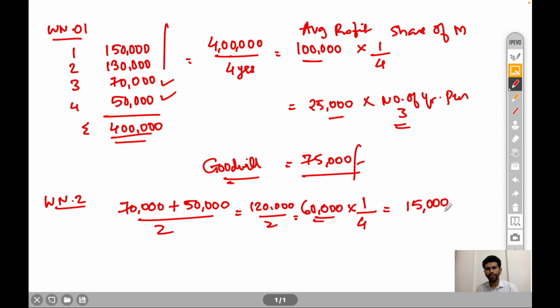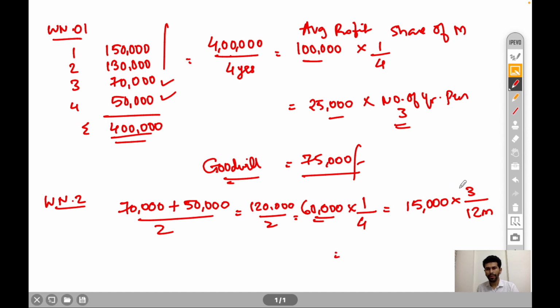So 15,000 is the profit of whole year, multiply by 3 months divided by 12 months, because Mukta was alive for 3 months, April, May, June. So we have to calculate 15,000 multiplied by 3 by 12.